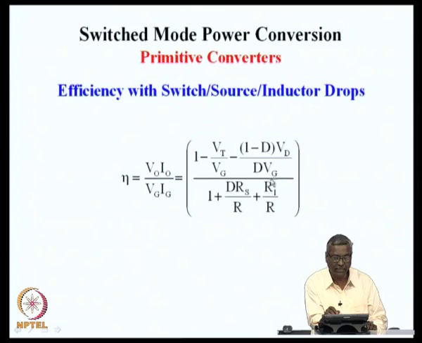This dVg is the ideal output voltage, and similarly in the denominator there are a few ratios here, source resistance by load resistance and inductor resistance by load resistance. This correction factor or the efficiency factor will be very close to 1 if all these non-idealities are quite small.